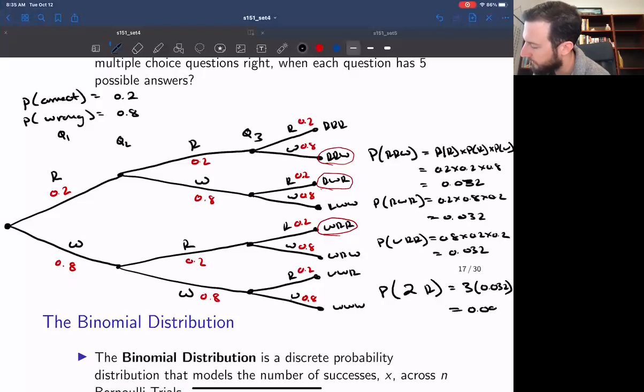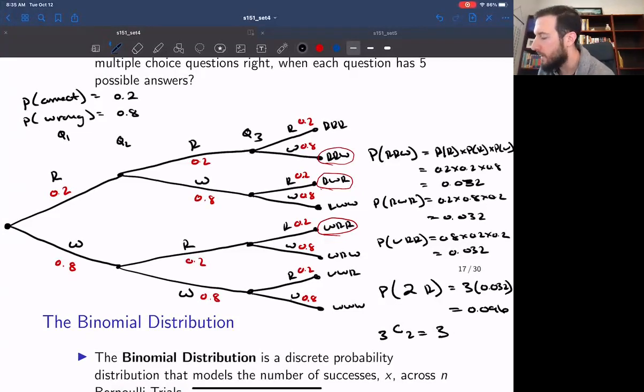which is 0.096. Now, the other part of this is to recognize that the way that we get the 3 would be by the combination rule. So if we were to compute 3 choose 2, this is actually equal to 3.